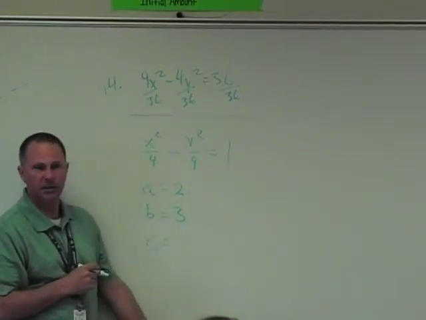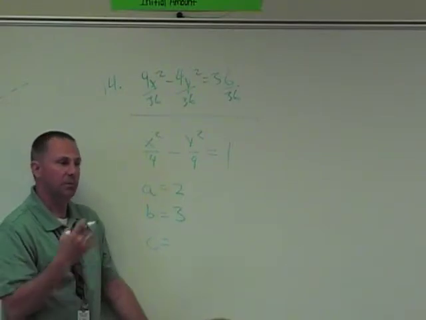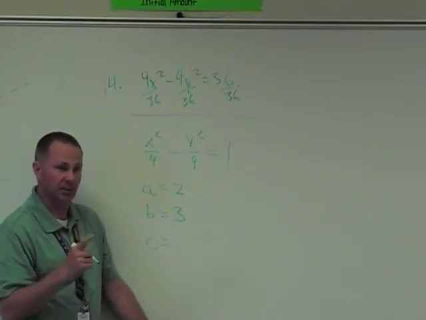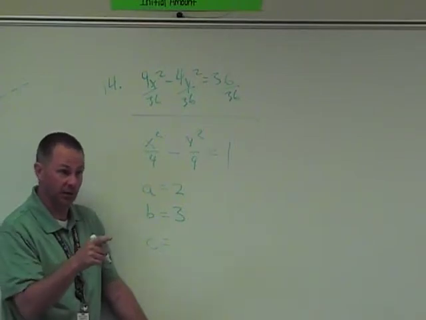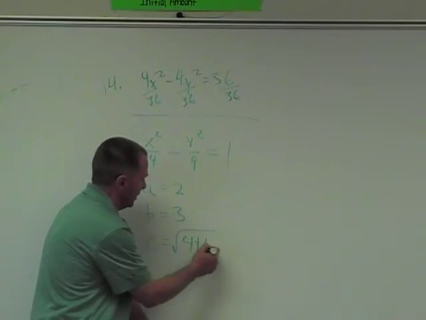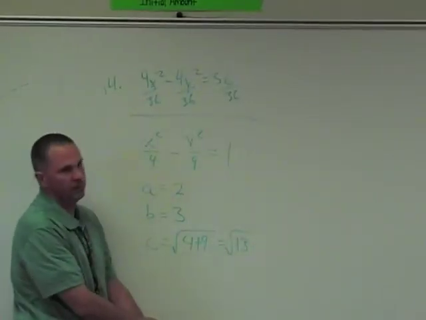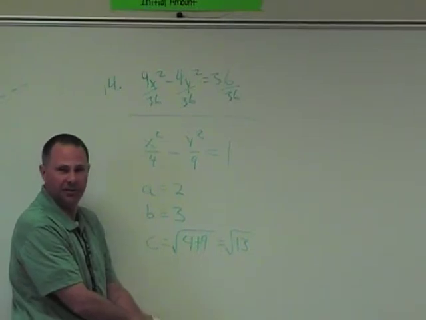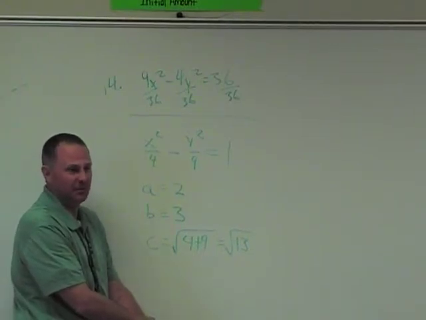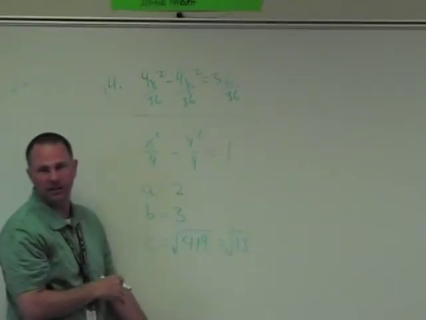How do I find C? A squared plus B squared, but you've got to take the square root, because that gives you C squared. So 4 plus 9, square root of 13. Yay, radicals.